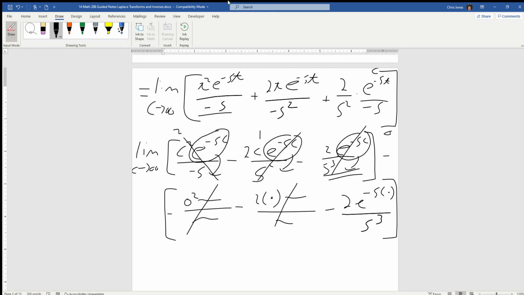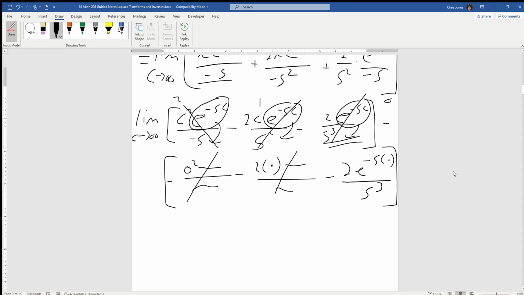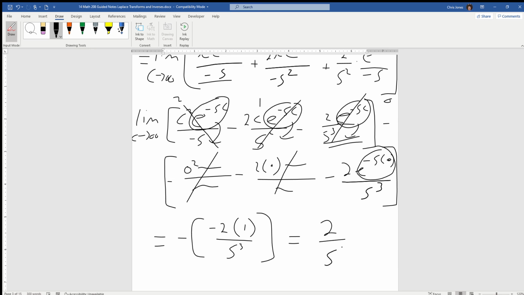So what are we left with? Well, we're left with the opposite of negative 2 times 1 over s cubed. All right, so remember, this does not go to 0. This is s times 0, and this just works out to be 2 over s cubed. All right, and so what did we do?